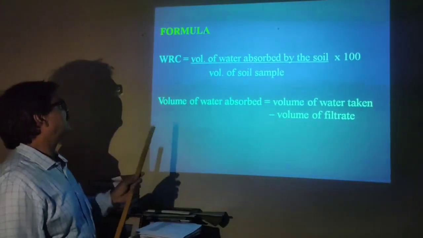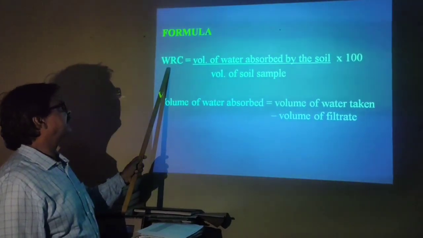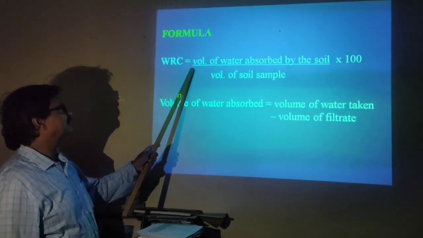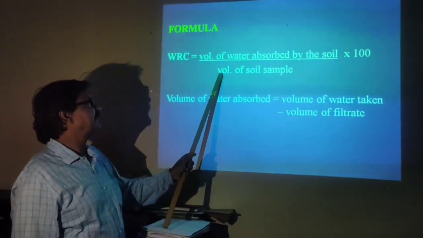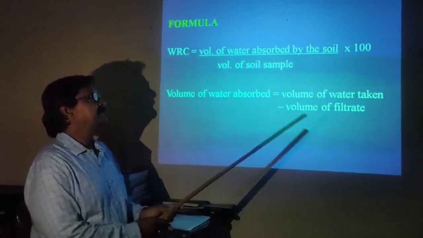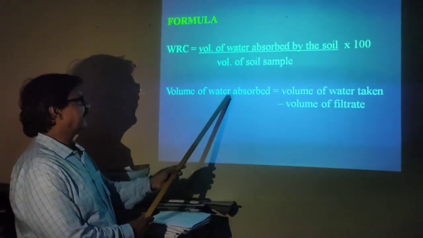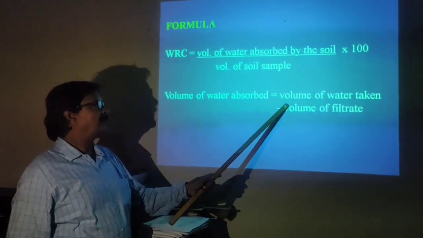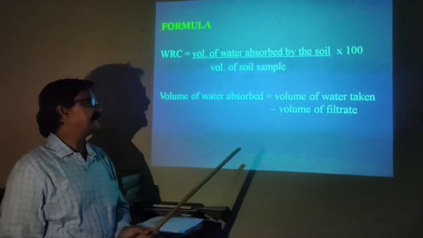The formula: WRC, that is water retaining capacity, is equal to volume of water absorbed by the soil divided by volume of the soil sample multiplied by 100. And volume of water absorbed is equal to volume of water taken minus volume of filtrate.